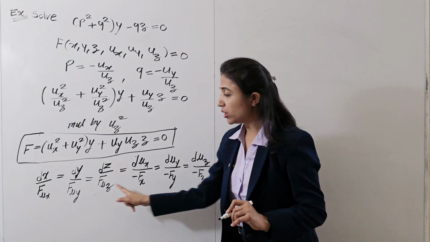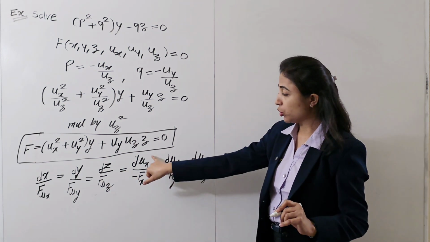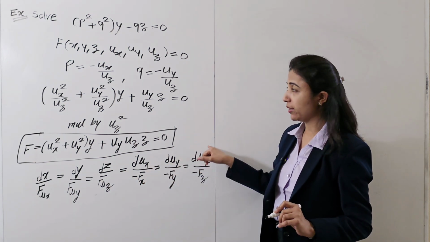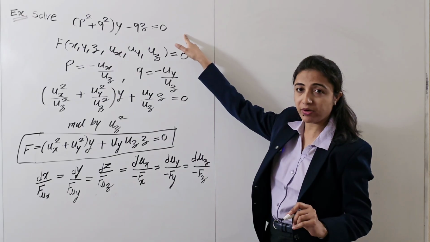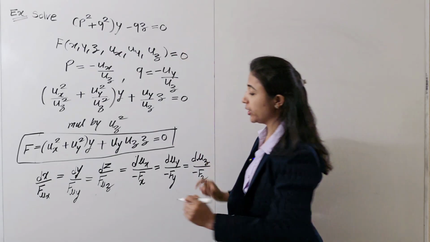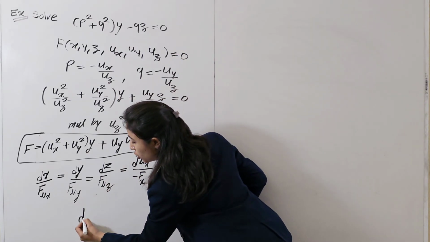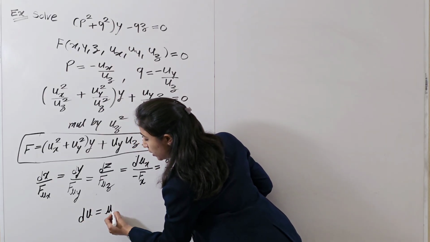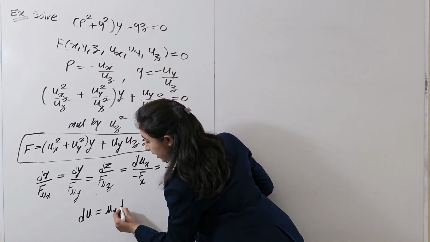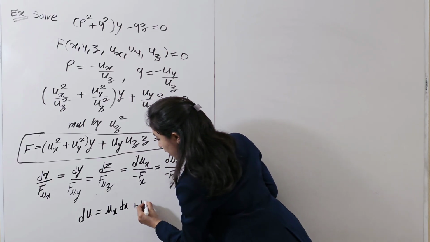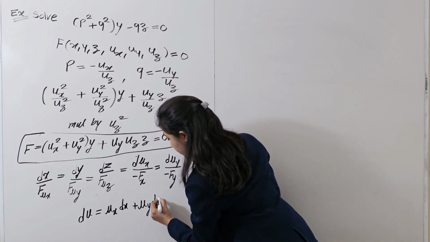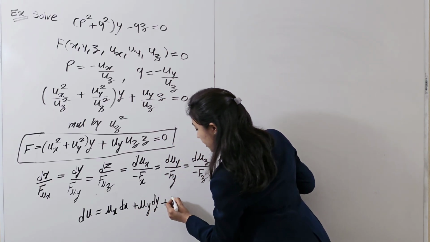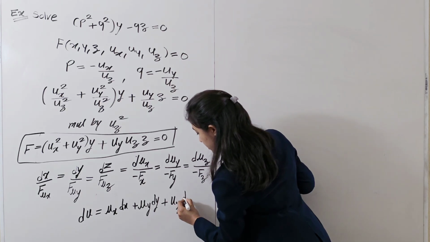So using this auxiliary equation you have to find ux, uy, uz, because we want the solution of this differential equation, and the solution of this differential equation is nothing but du, that is ux dx plus uy dy plus uz dz.